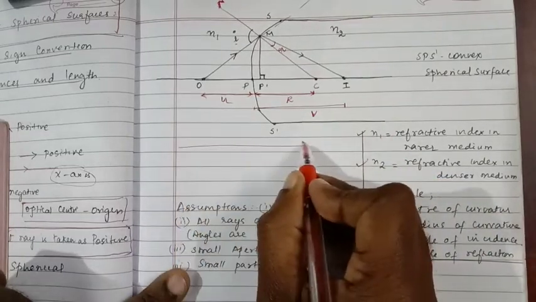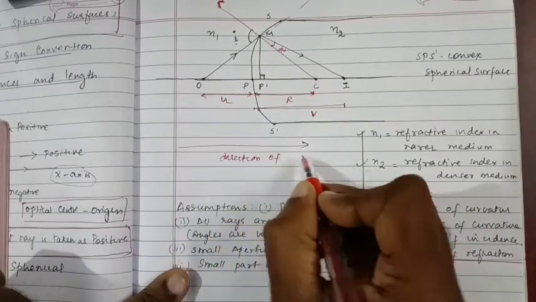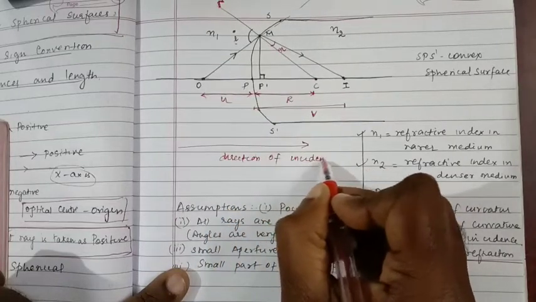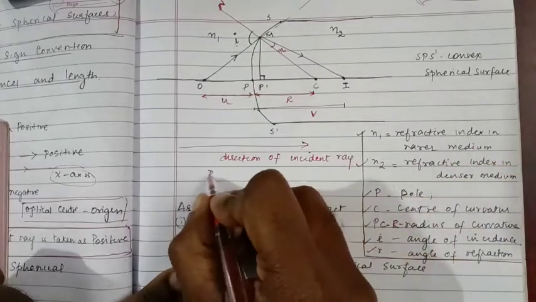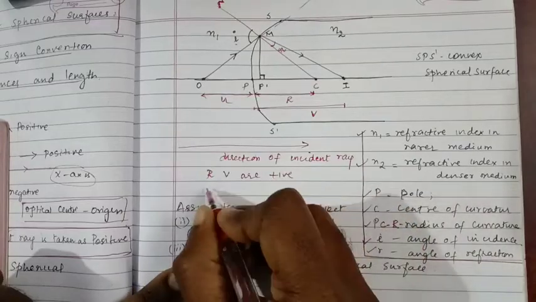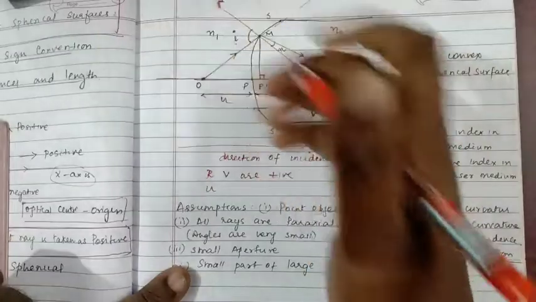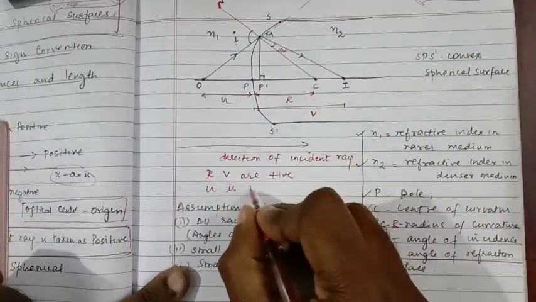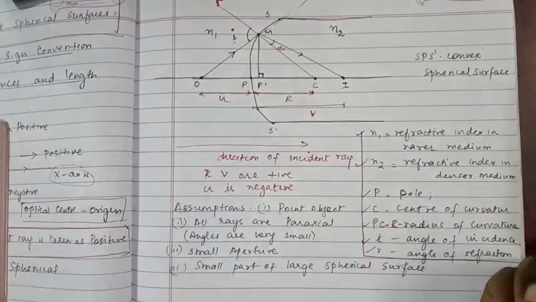This is the direction of the incident ray. Therefore, R and V are positive, and U is opposite to the direction of the incident ray, so U is negative.